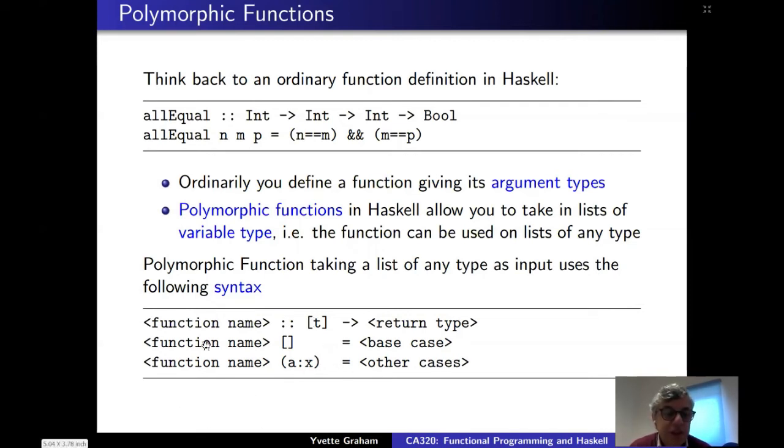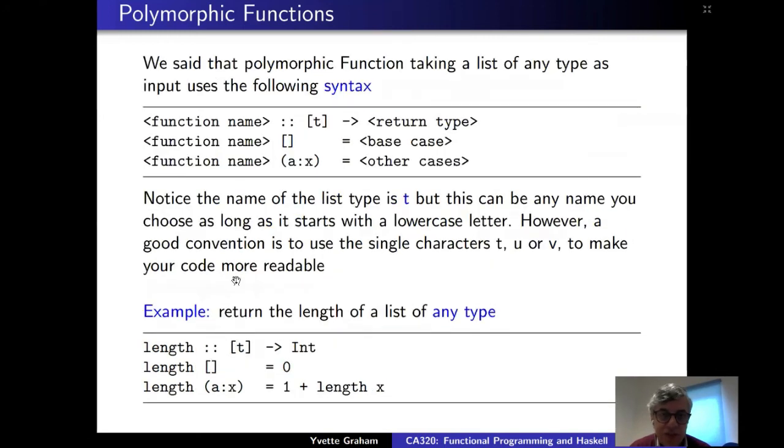And you can repeat it as many times as you want. The first one is named the base case, and later you can define other cases. So that's the definition of polymorphic. You can take the same function with different versions of the input and define the output based on that. Like I said, the first one is called the base case.